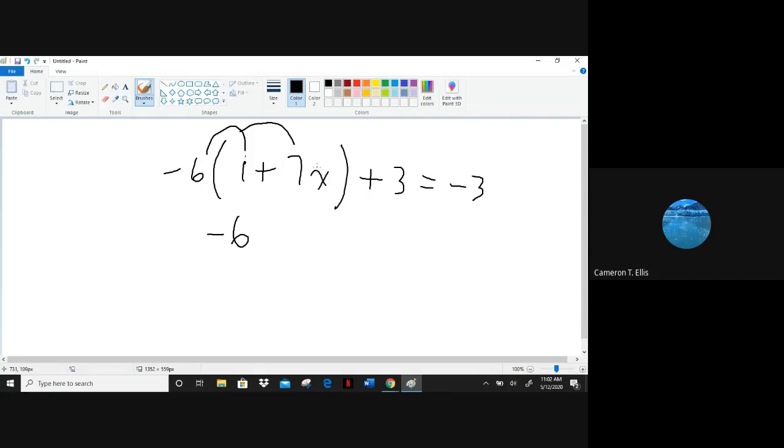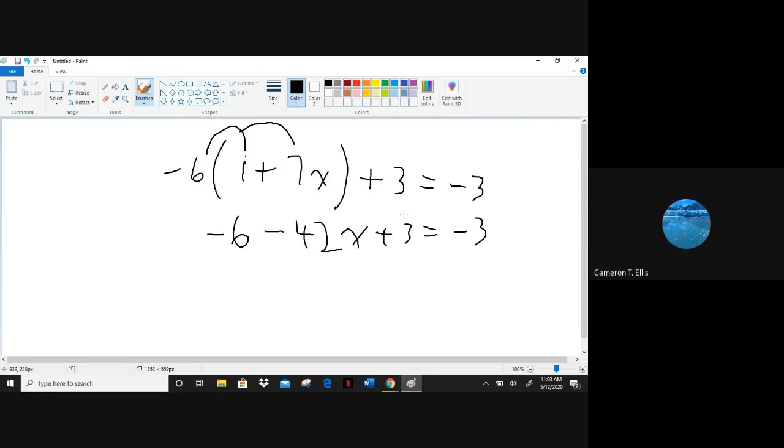What's negative 6 times 7? Put that in your calculator. It's going to be negative 42. So I'm going to put minus 42x. Put my plus 3 in, equals negative 3.